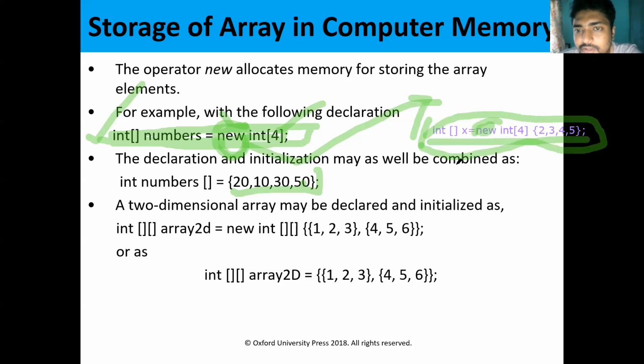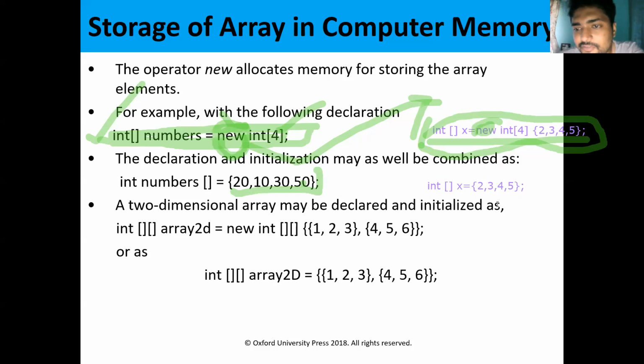Without the new operator, we can initialize the variable like this: int x equal to 2, 3, 4, 5.